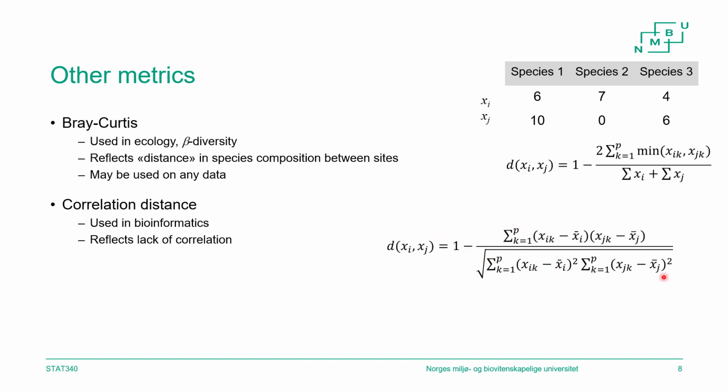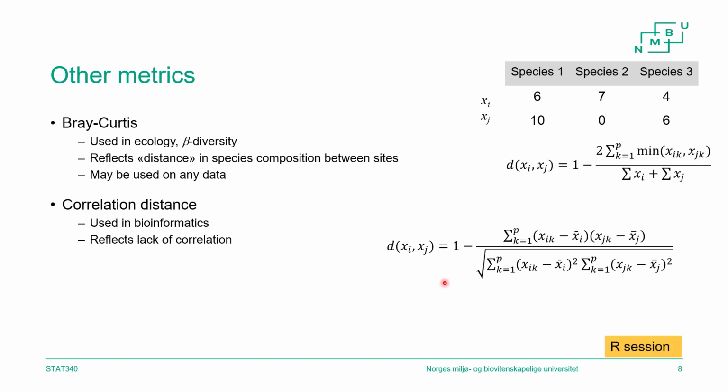So this one puts emphasis on a completely different aspect of your data, you could say. And that can sometimes be valuable, right? If you are exploring data, you should try to explore them from many different directions. And this is a very different way of measuring distance between observations.